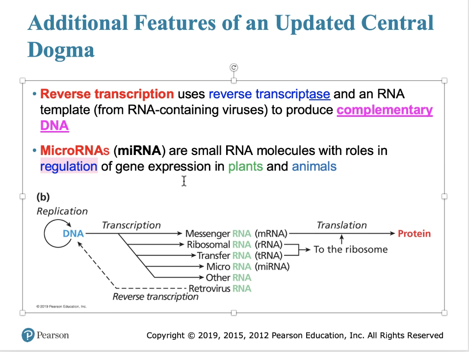We're going to have to learn that in a lot of detail in the future. Since then, many other types of RNA have been discovered. In fact, if you look on Wikipedia, you have more than 40 types of RNA, and we're going to learn most of those by the conclusion of this course.